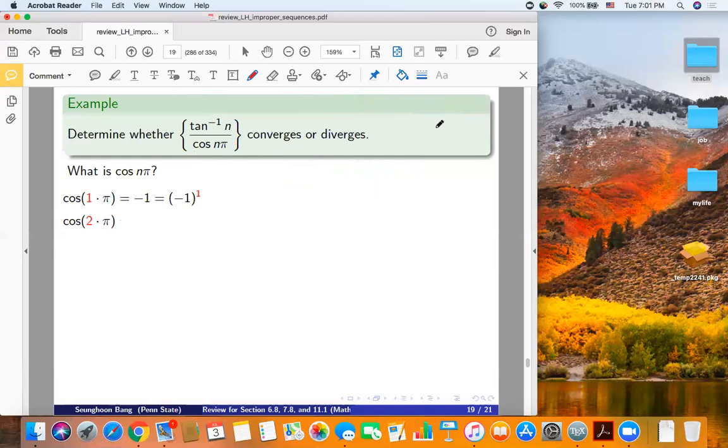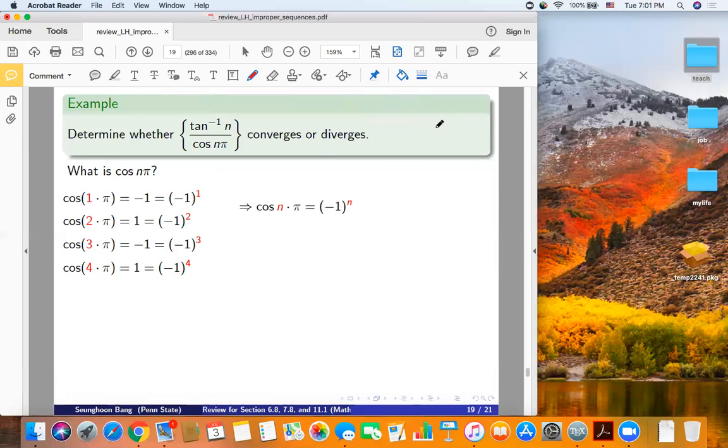What's cosine 2 times pi? Cosine 2 pi is 1. This is minus 1 squared. Cosine 3 pi is minus 1, minus 1 cubed. Cosine 4 pi is positive 1, minus 1 to the 4. We have this pattern. Cosine n pi is minus 1 to the power n.